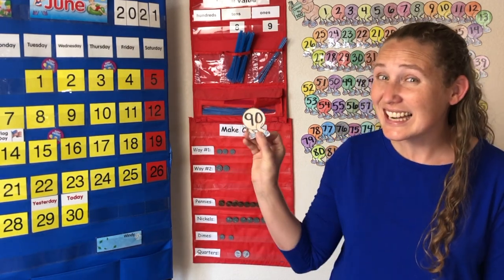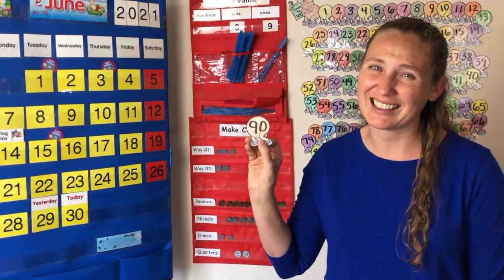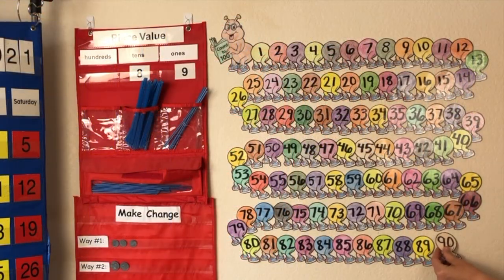Now, let's add 90 to our doodle bug. We've had 90 days of calendar time.